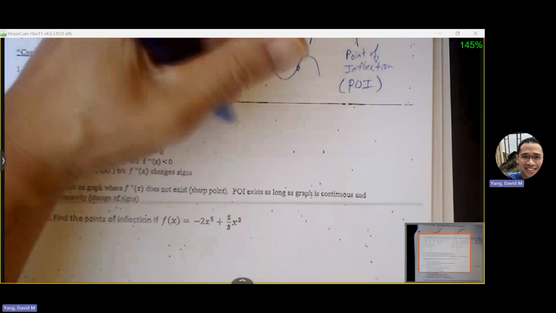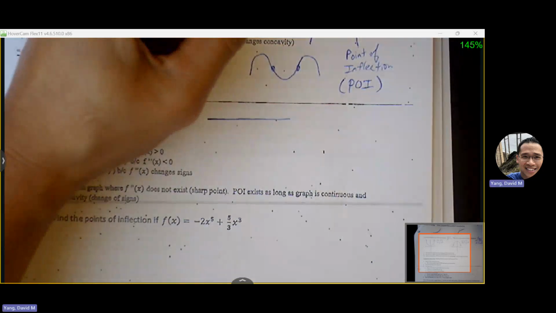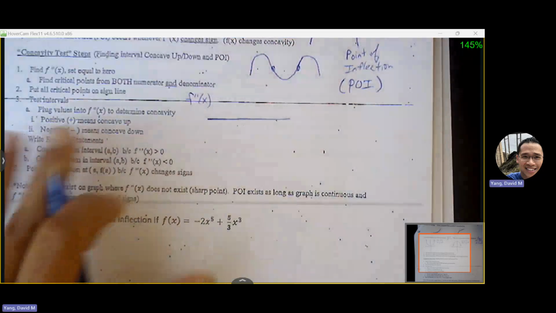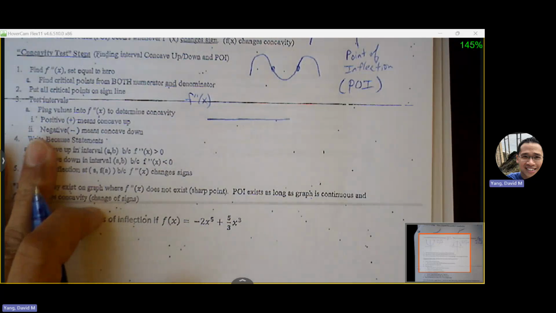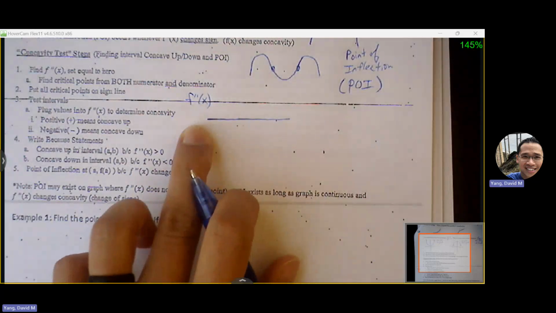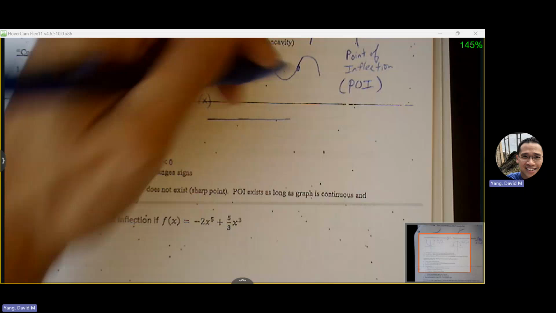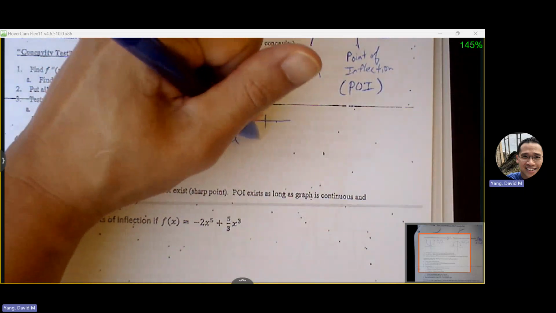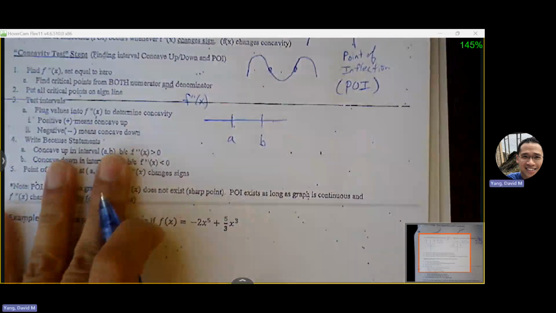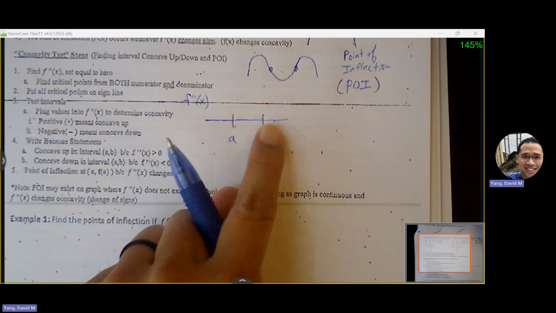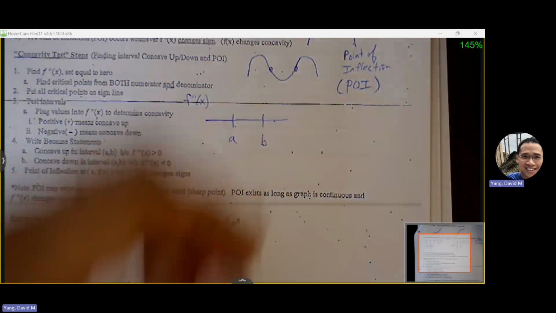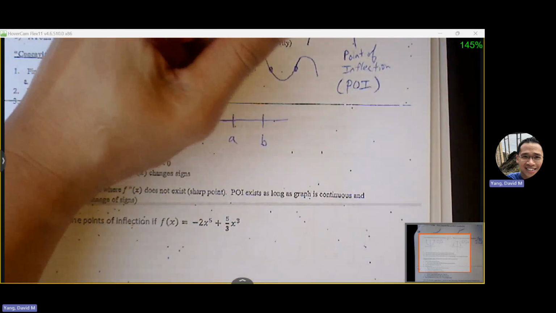So when we do that, the process will feel the same as the first derivative test. It's just that everything we're gathering is at the second derivative function level. So we may find critical points, and then we're going to test points in each subinterval with the second derivative function. Let's say we get positive.